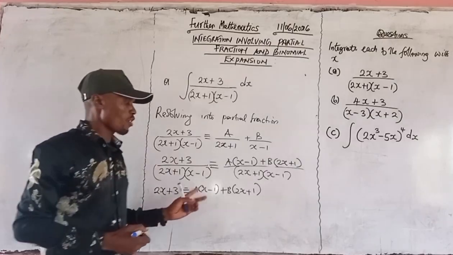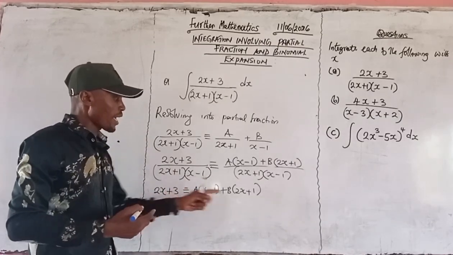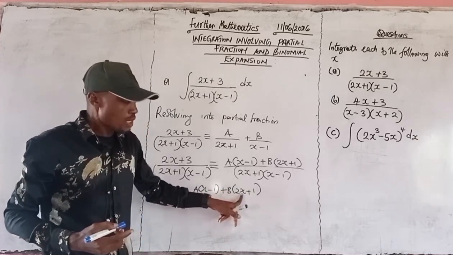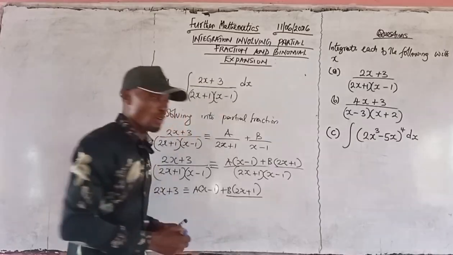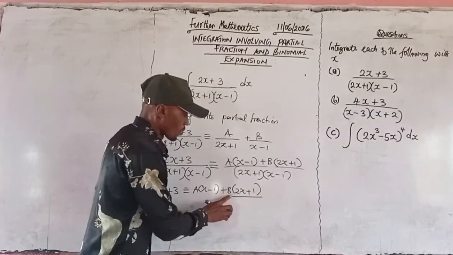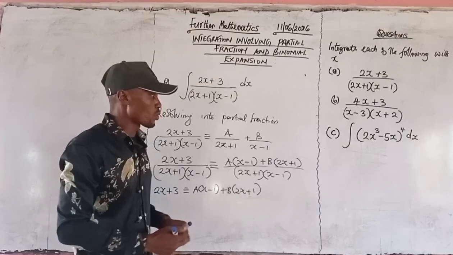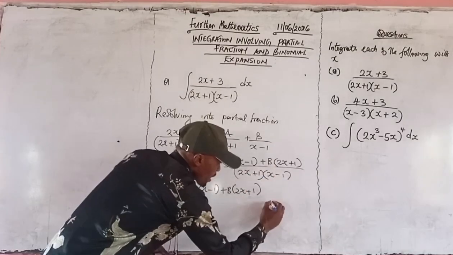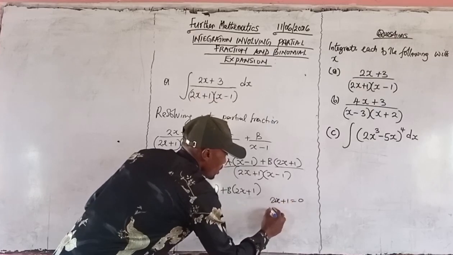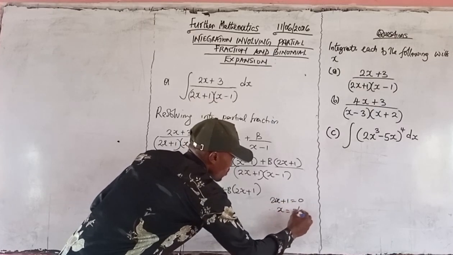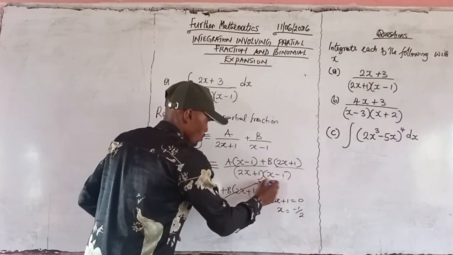If I use the cover-up method, I ask myself, what will I add to this part of the equation to make it 0? If I say let x equal minus 1 over 2, because 2x plus 1 equals 0, therefore x is equal to minus 1 over 2. Of course, if I do that, this one tends to 0.